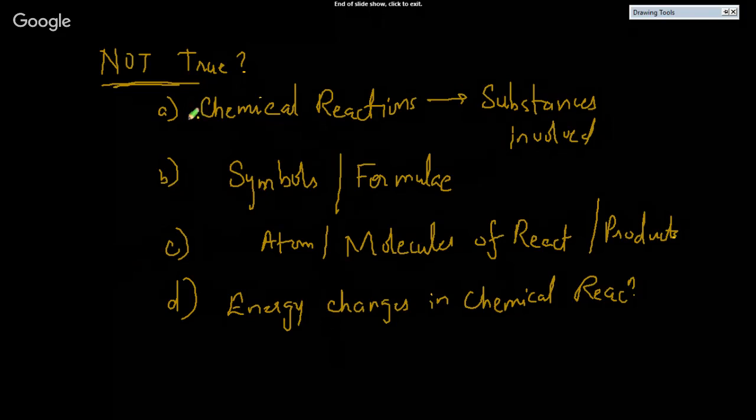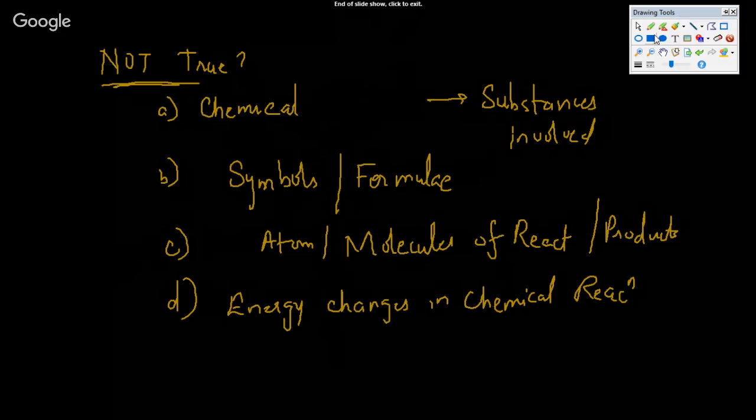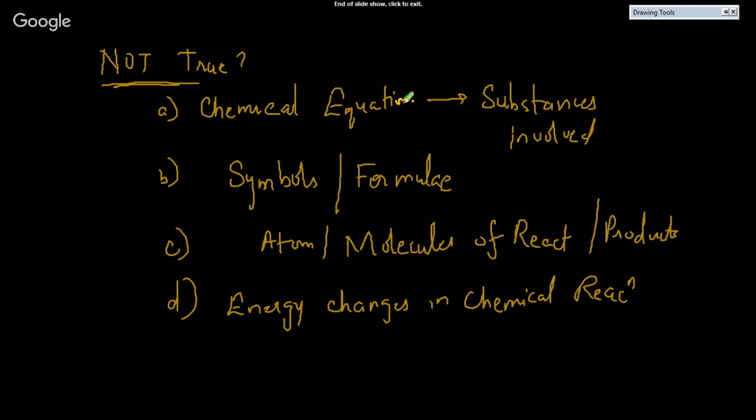The first is, a small correction here, this is chemical equations that they're talking about. Chemical equations tell us about the substances involved in a reaction. The second one is: a chemical equation informs us about the symbols and formulae of substances involved in the reaction.